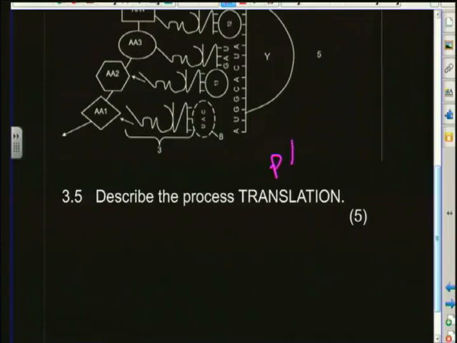Now, those have been quite simple. Now the longer question. Get your thoughts in order before you start writing. They've asked you now to describe the process of translation. Okay, translation is how we make a protein.